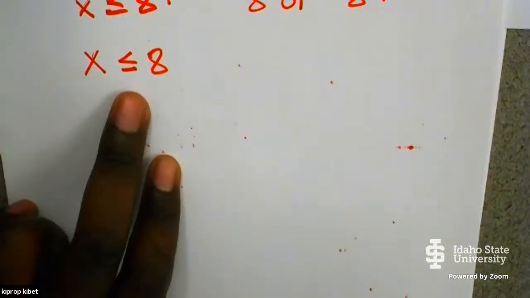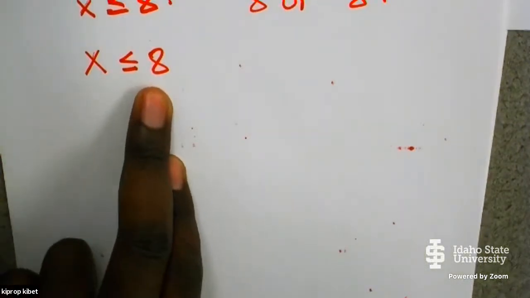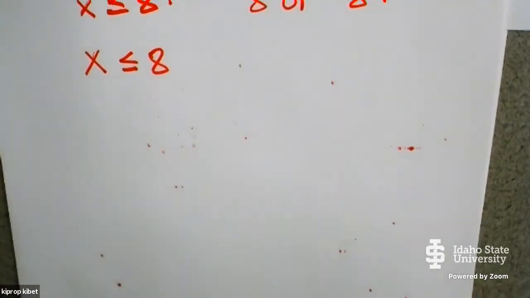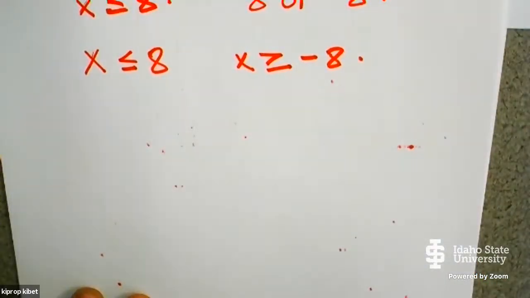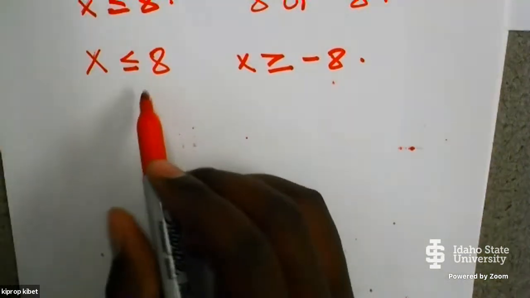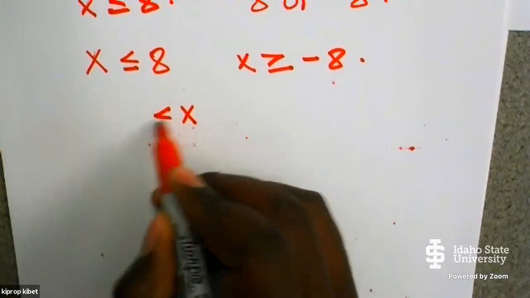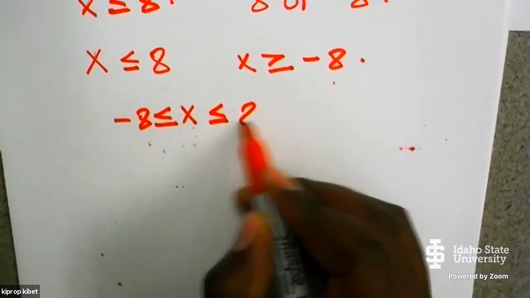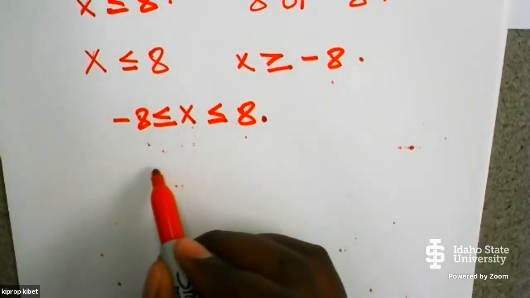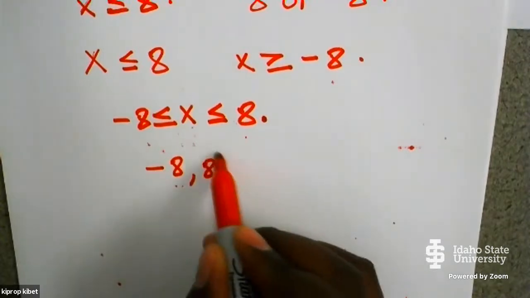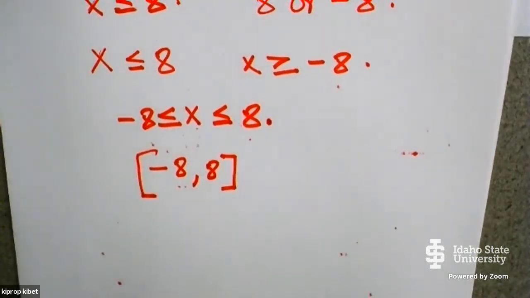The other one is now changing the sign. It's switching, so it will be x greater or equals to minus 8. So our algebraic notation will be minus 8 less or equals to x less or equals to 8. And our interval notation will now be minus 8 and 8.